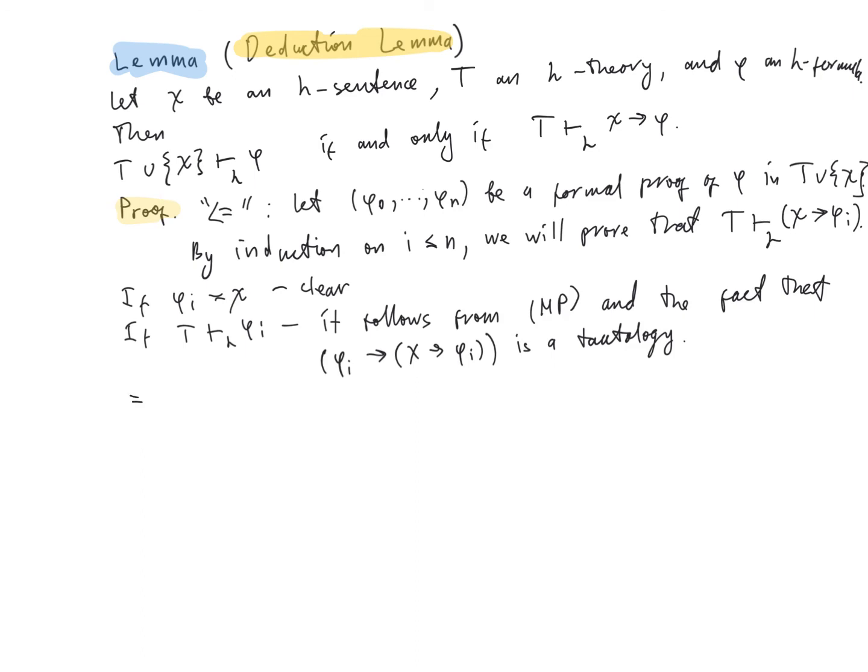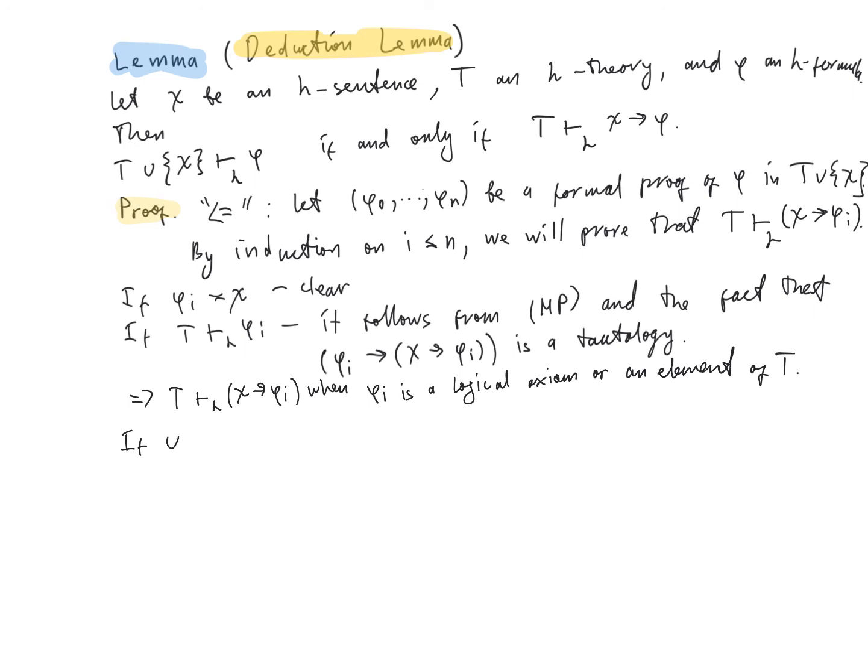In particular, this implies that T proves χ implies φ_i when the formula φ_i is a logical axiom or an element of T. Because of course in these two cases it would be already provable from T.